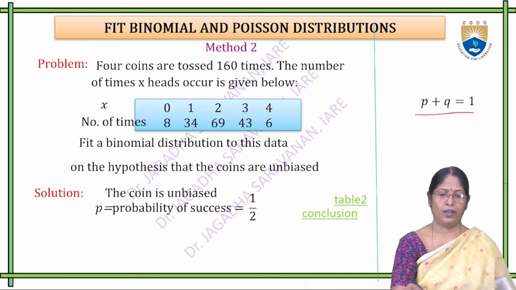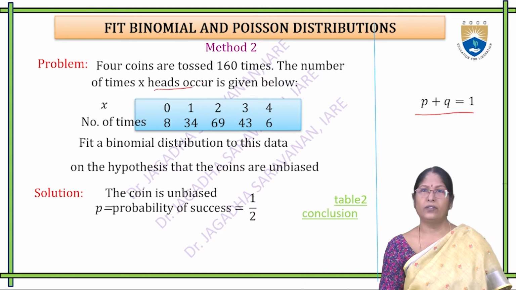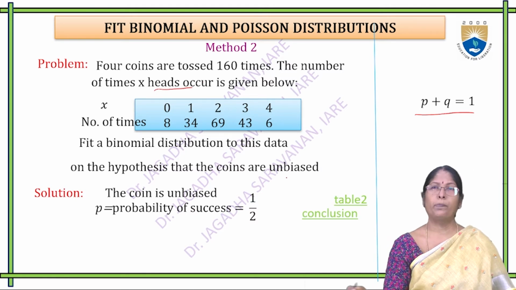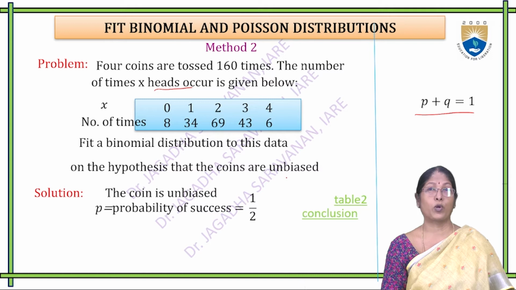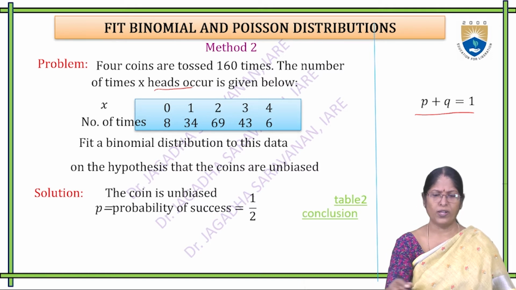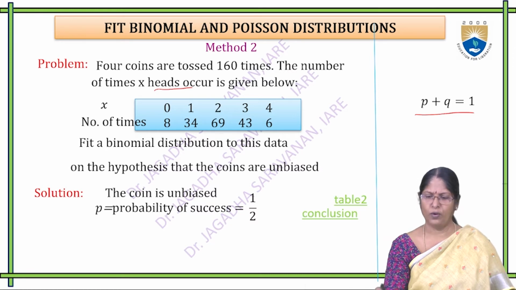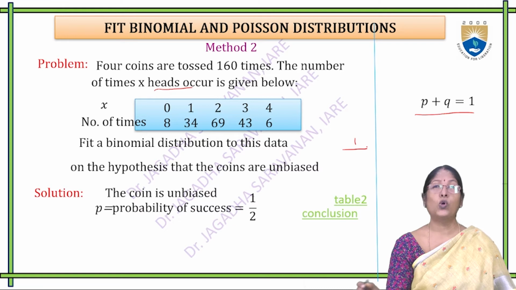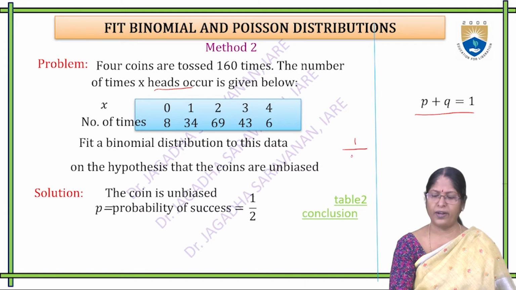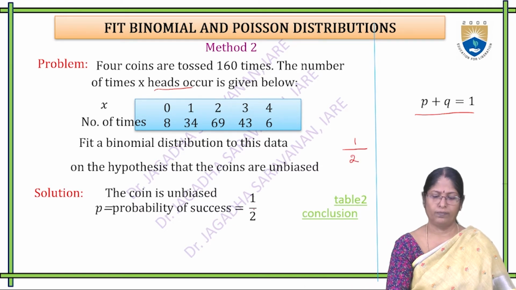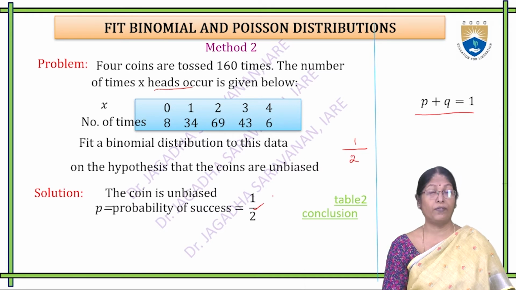Head occurs, then by the basic definition of probability, how many outcomes satisfy the condition given in our problem? Only one. Total outcomes, head and tail, 2. This is the basic definition of probability.